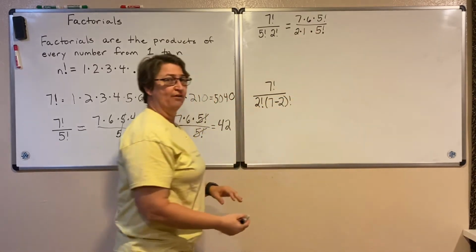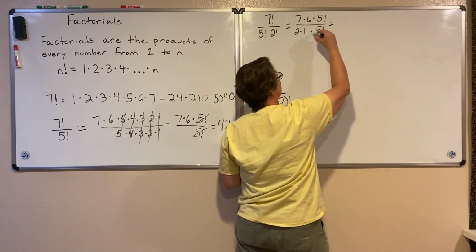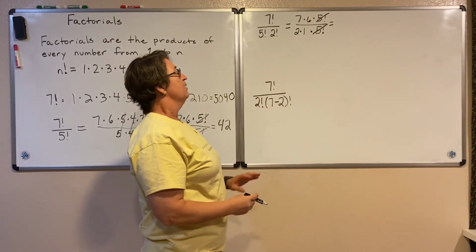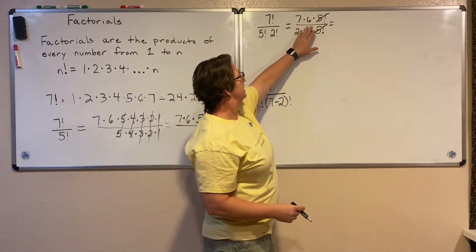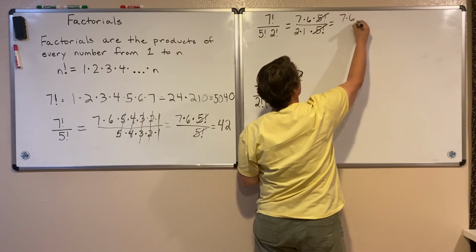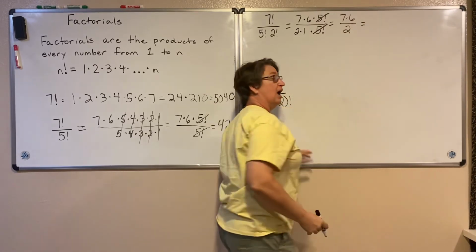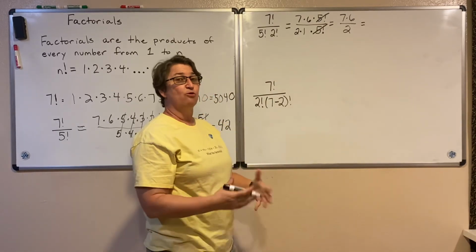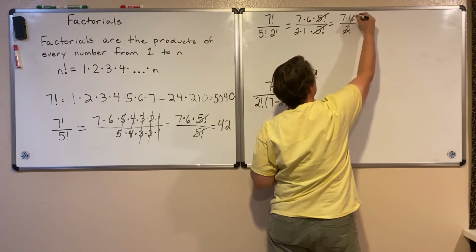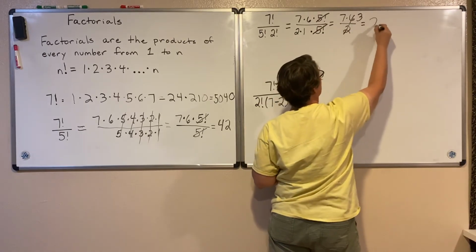I have to have him on there as well. So this 5 factorial and that 5 factorial will cancel out, or they will become 1. But I still have a 7 times 6 over a 2 times 1. I have 7 times 6 over 2 times 1, which is just 2. Again, I'm going to simplify before I multiply. So this 2 can go into that 6 3 times. So now I'm just multiplying 7 times 3, which gives me 21.